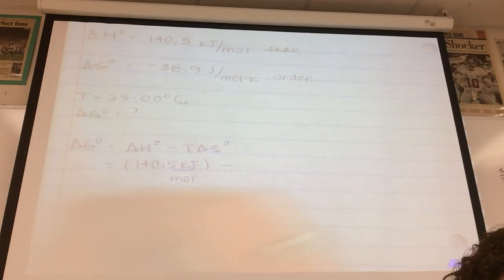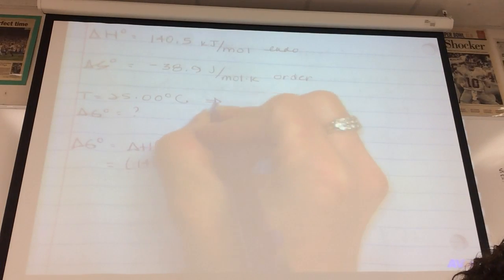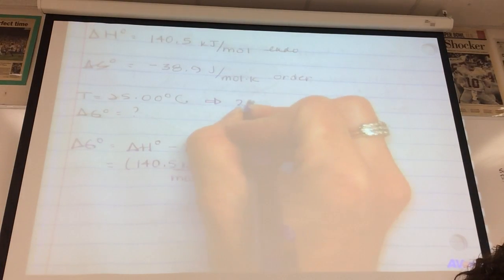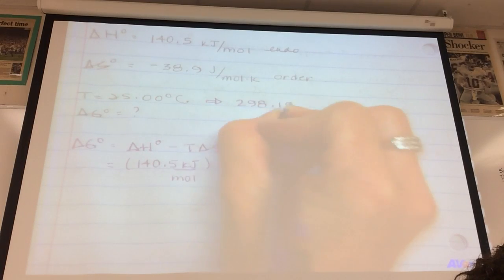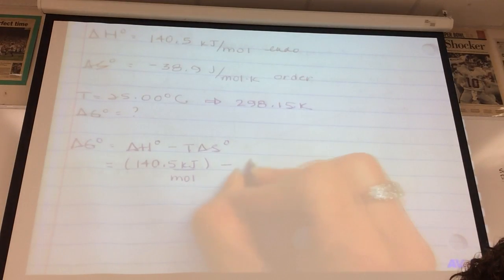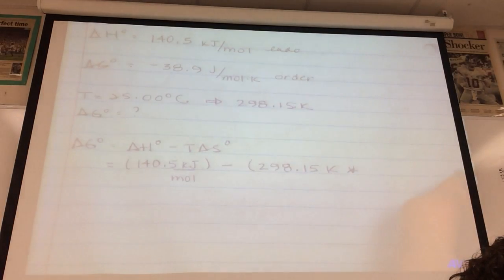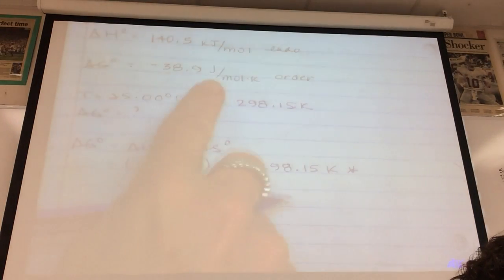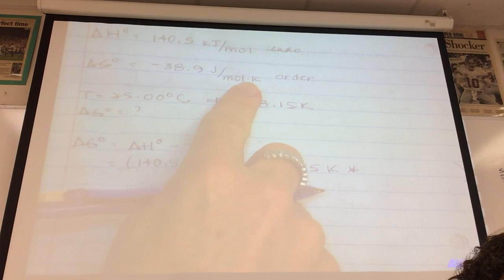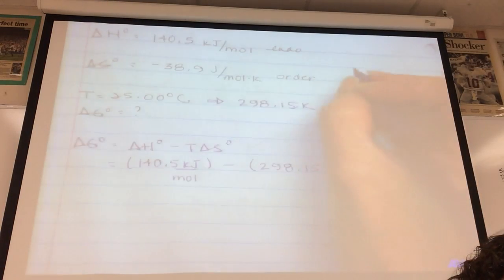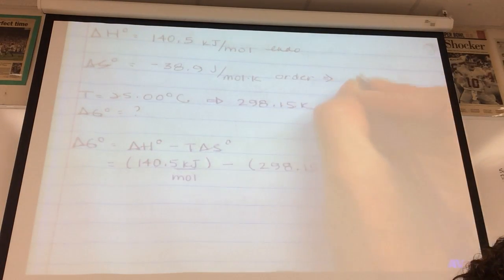The temperature must be in Kelvin. We already know how to do that. And delta S has to be converted to kilojoules per mole Kelvin, either by dividing by 1,000 or moving the decimal 3 to the left.